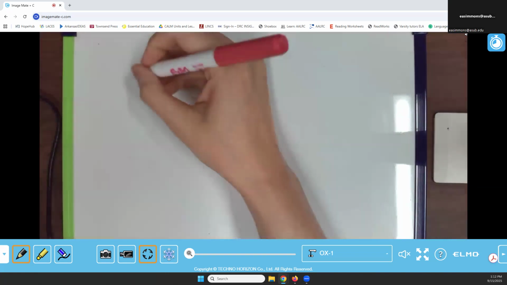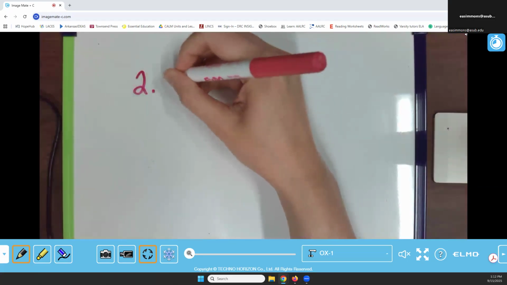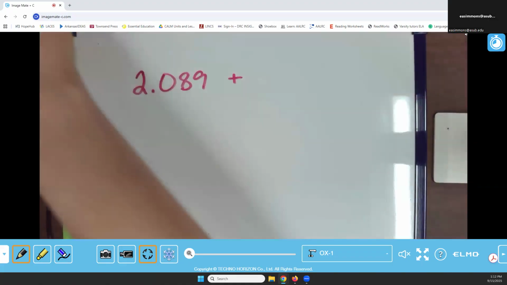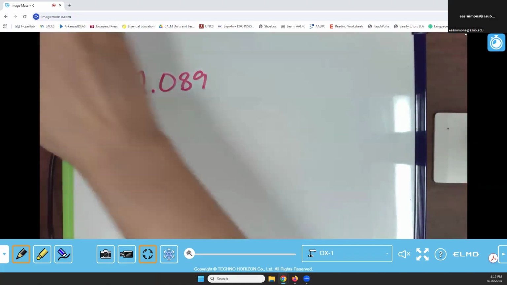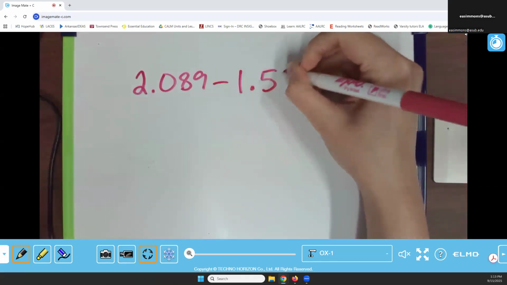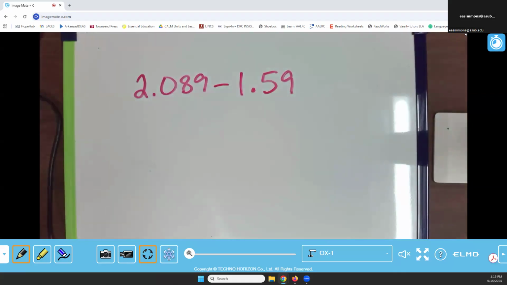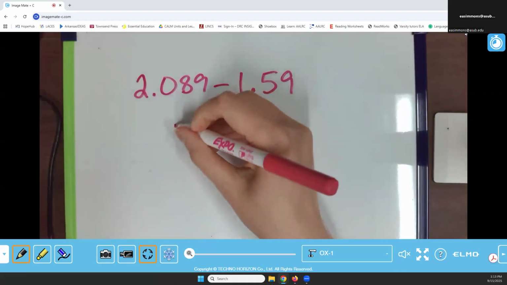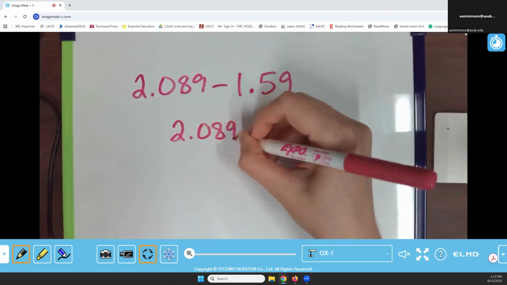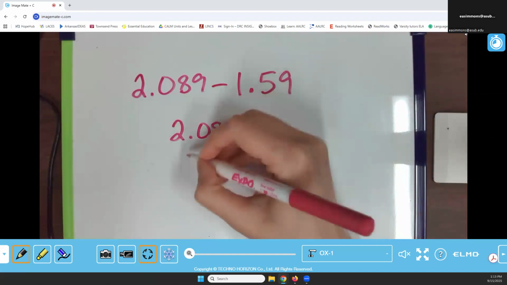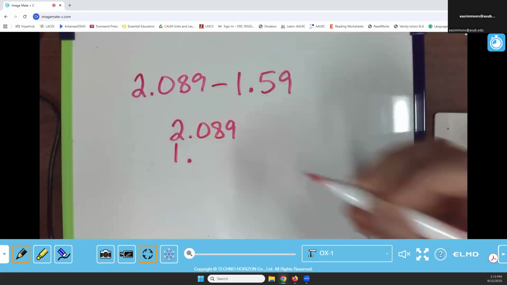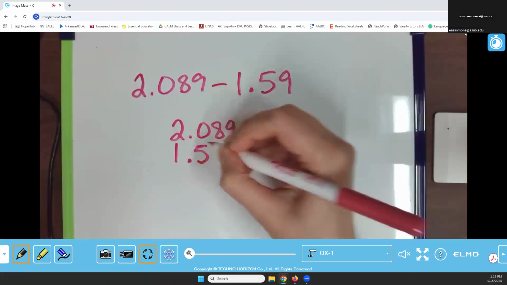If I had 2.089 minus 1.59, I want to line this up vertically. So I'm going to do 2.089. I'm going to put my decimal point down so that it's there, and then line up 1.59.